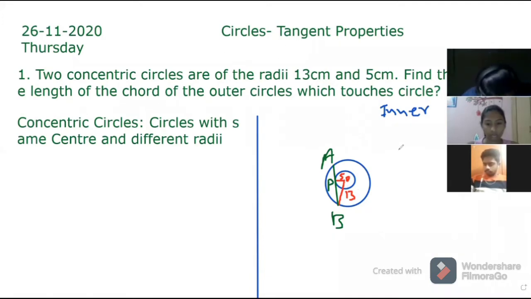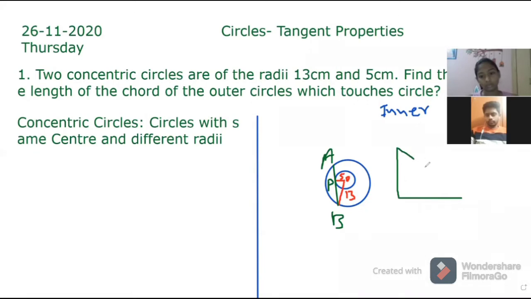I consider the triangle OPB. First observe, my dear students. OPB triangle. Here, this one I consider as a right angle.